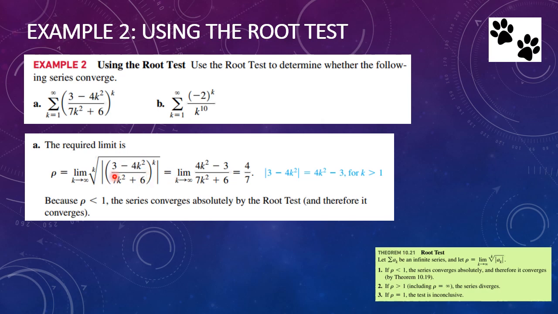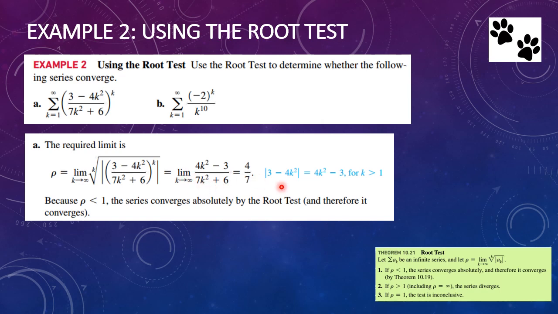If the root and the power are the same, of course they just cancel out. So we're taking the limit as k goes to infinity, looking at end behavior, what's happening as we go to the outer edges of our graph, where the leading terms take over. Since we have the same power in the numerator and denominator, the value of this limit is going to be the ratio of the coefficients, or 4/7.